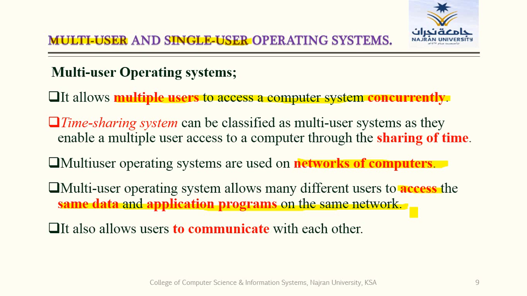Also, multi-user operating systems allow users to communicate with each other. These are some points related to multi-user operating systems, where the number of users is more and they are accessing data concurrently, at the same time, accessing data, applications and everything on the systems that are connected with each other. They can also communicate with each other in this way.